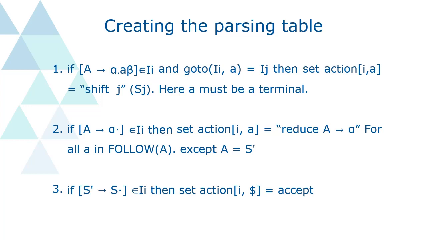The second rule is if the arrow action is a non-terminal symbol, then for all of the follows of that symbol, it will be a reduce operation. The third one is if the dot is at the end of the starting rule, then it is an accept action.